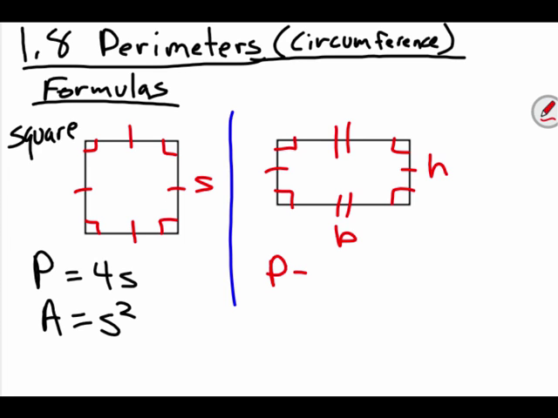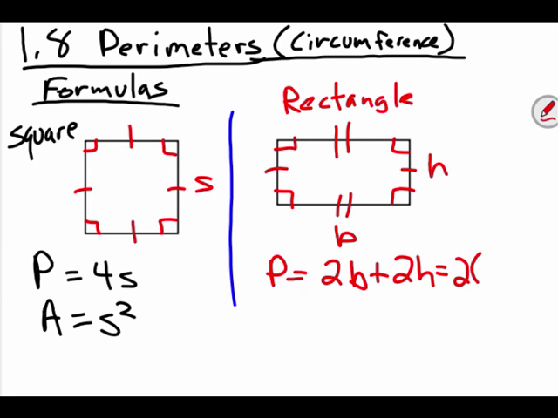So the perimeter of this rectangle would be 2 times b plus 2 times h. Another way that you could write that would be 2 times (b plus h).